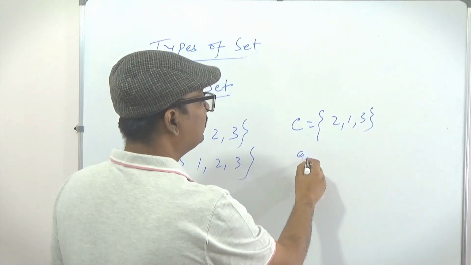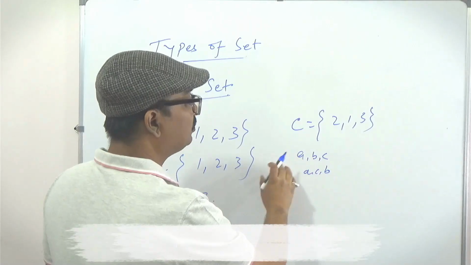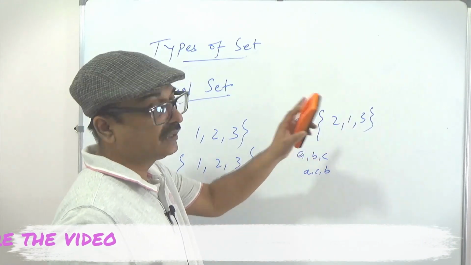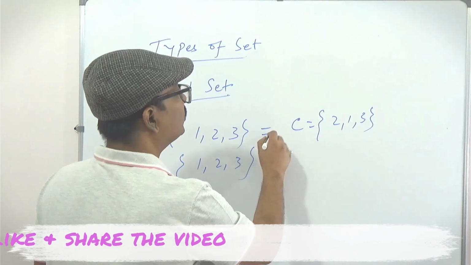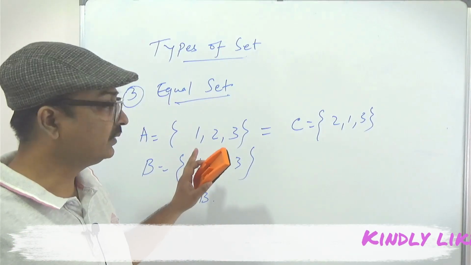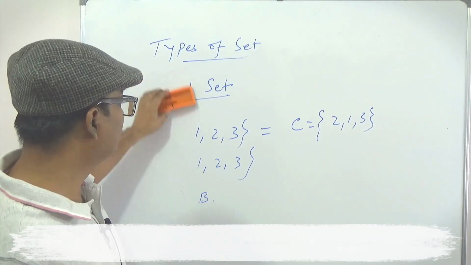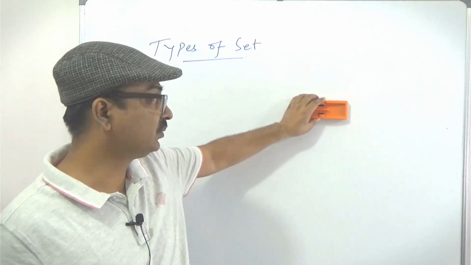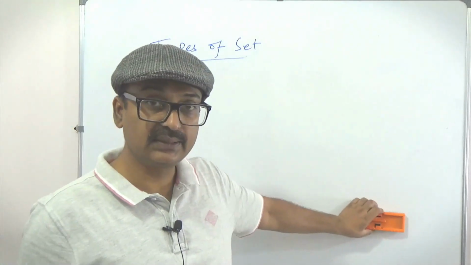We can place the elements as A, B, C or A, C, B. So the sequence of elements within the set is immaterial. So these two sets are equal. Okay. So this is an equal set. We have defined what is an empty set, what is a finite set, what is an infinite set, and we have defined equal sets.